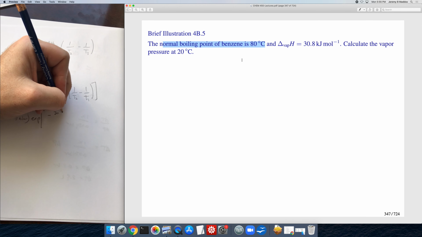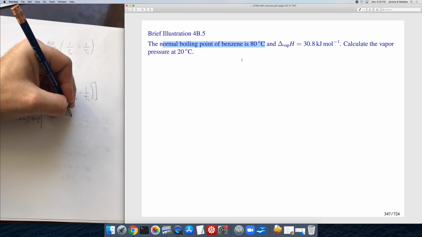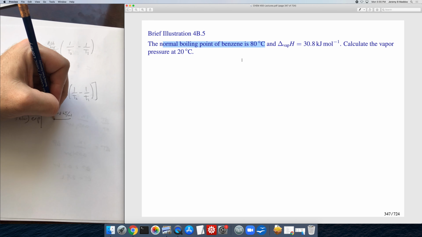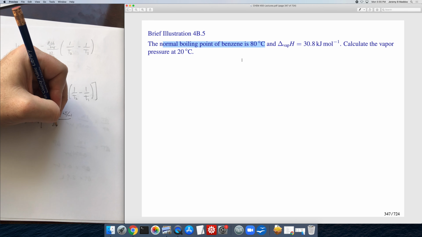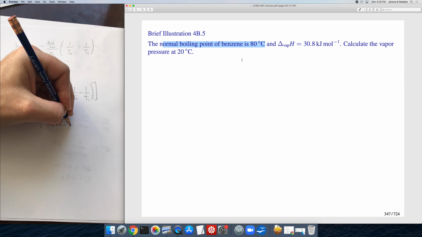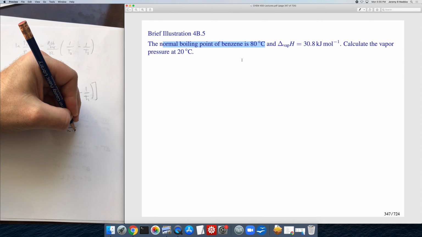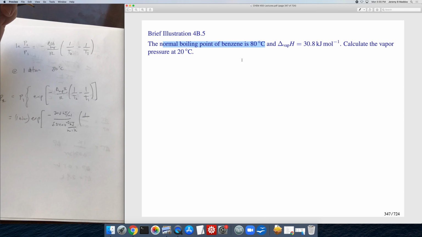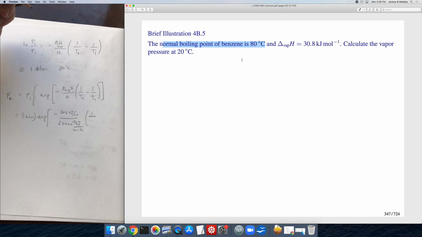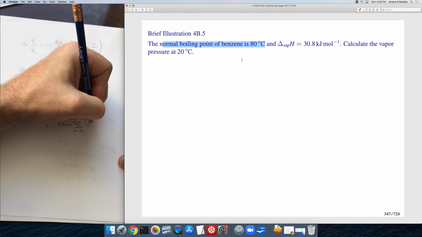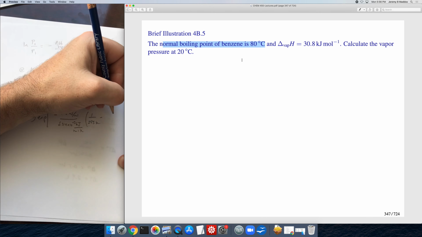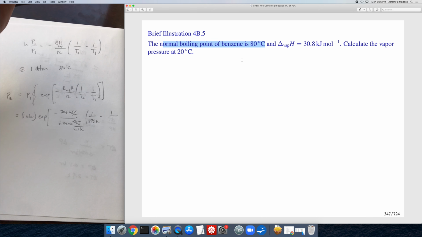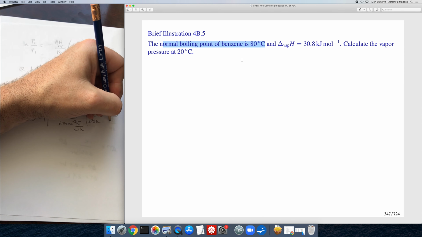30.8 kilojoules per mole, and then we'll divide that by the gas constant, 8.314 times 10 to the minus 3 kilojoules per mole Kelvin. 1 over T2, we are saying is 20 degrees Celsius, so that would be 293 Kelvin, minus 1 over 80 plus 273, 353.